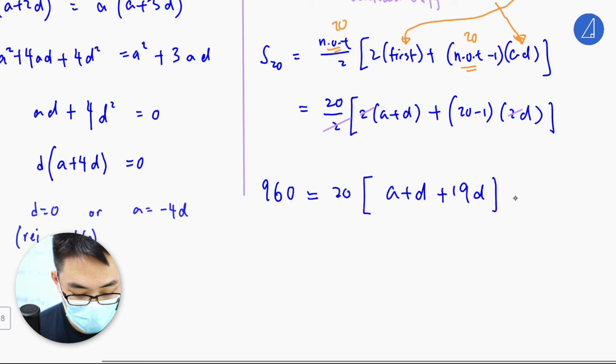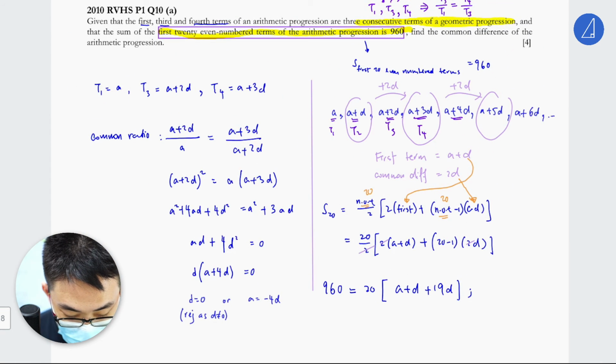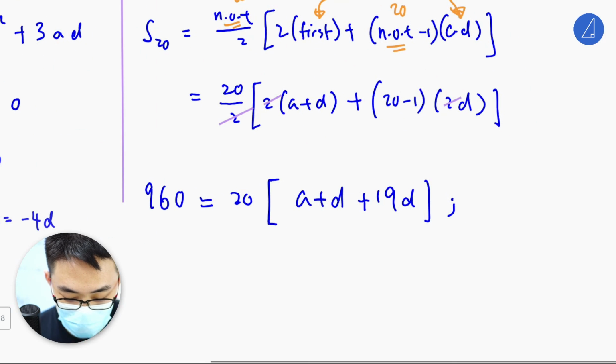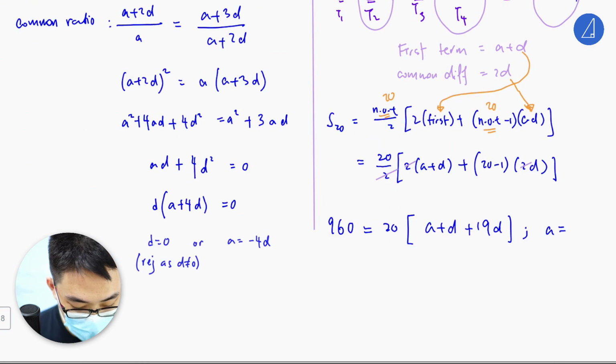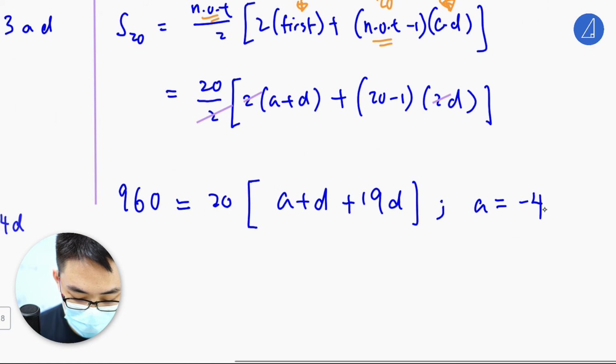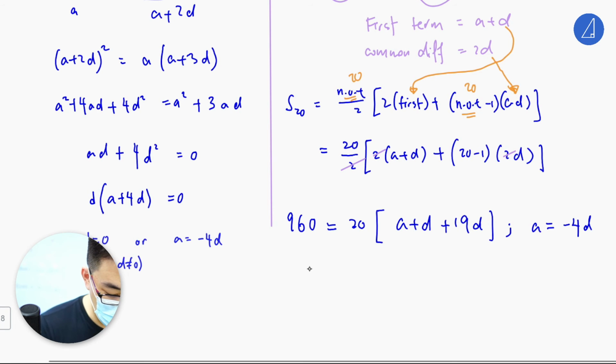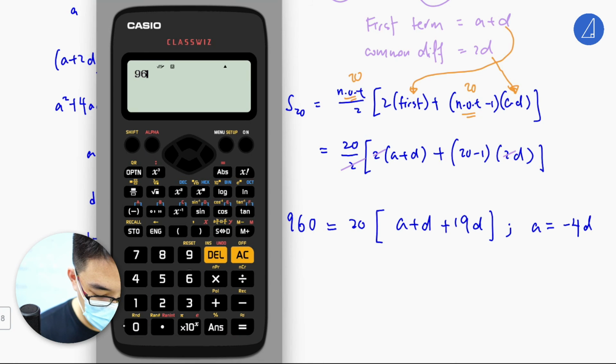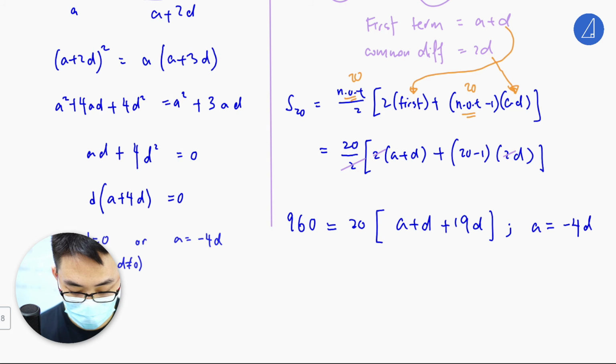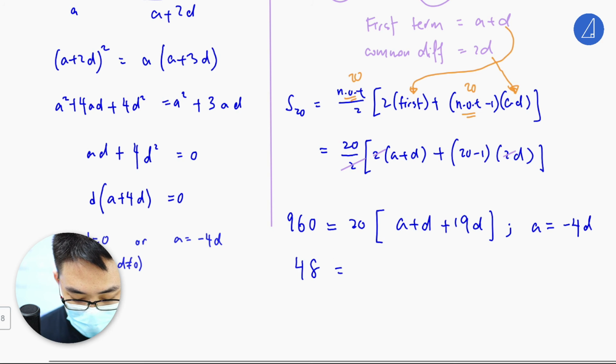Then what do we want? We want to find D, is it? Okay, so A goes to minus 4D. This will be 960 divided by 20. It is 48. And this will be minus 4D.